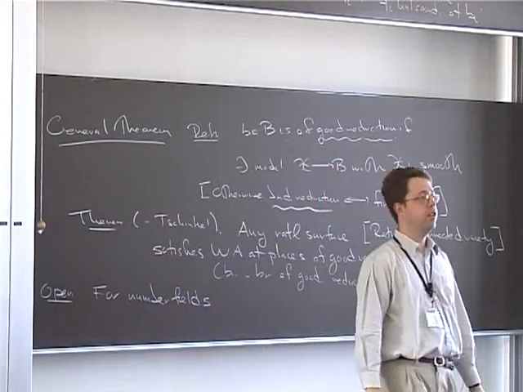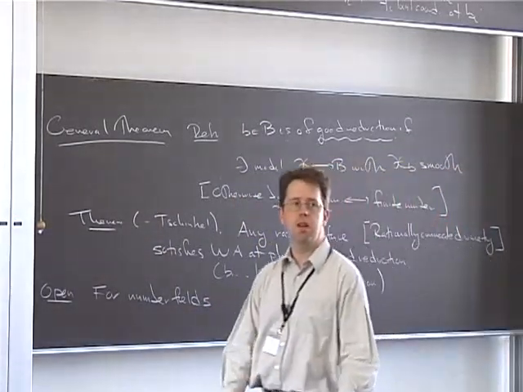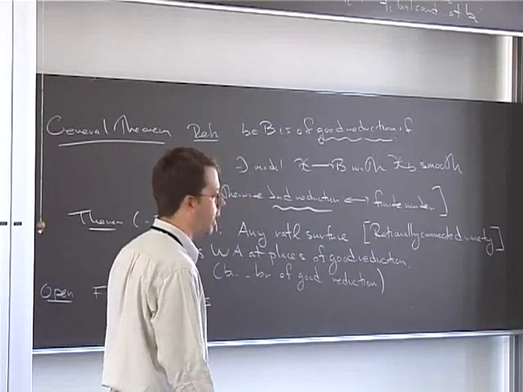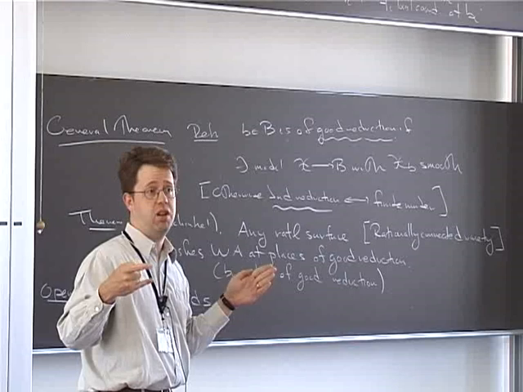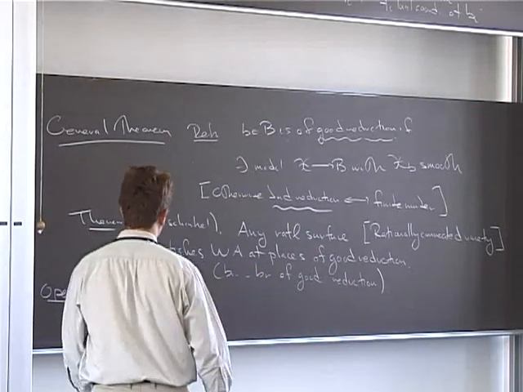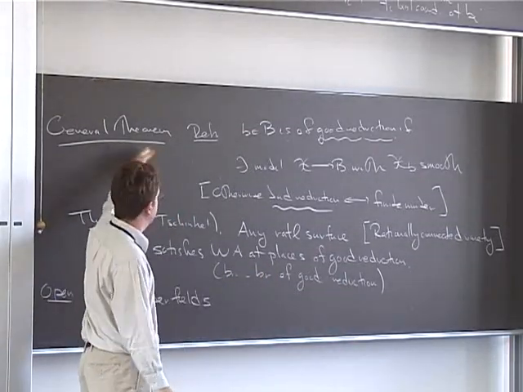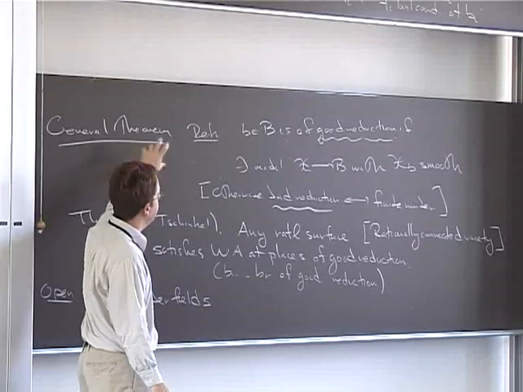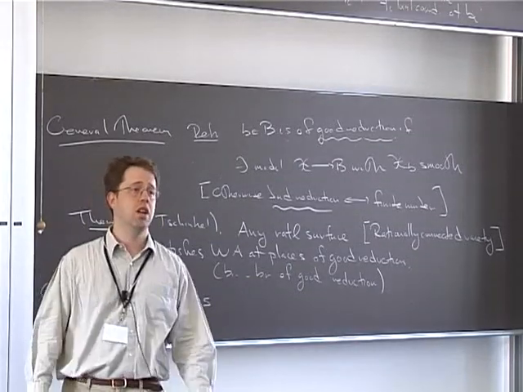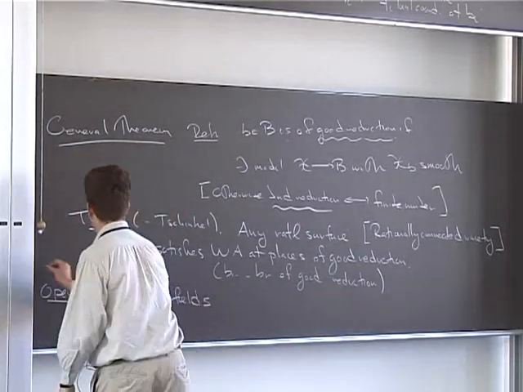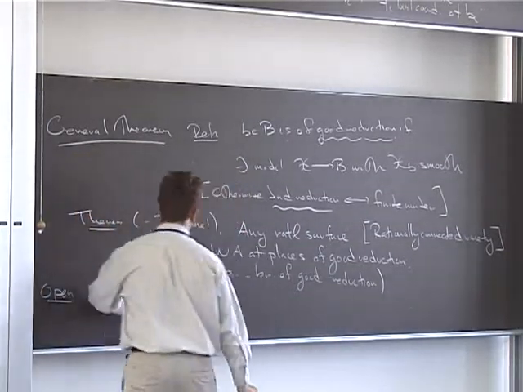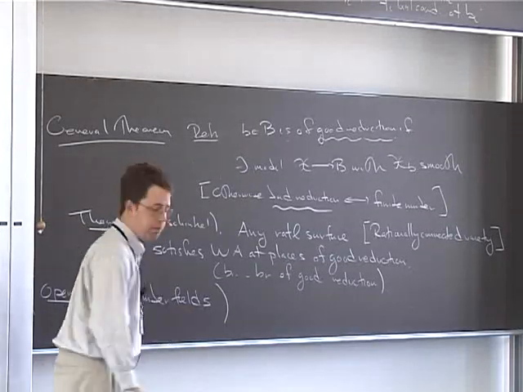So for number fields, if you take data which are not obstructed by the Brauer group, and if you have data that can realize a section, it's not at all clear that you can, even if you assume that places are of good reduction, find a section. So this is much harder in the number field context.